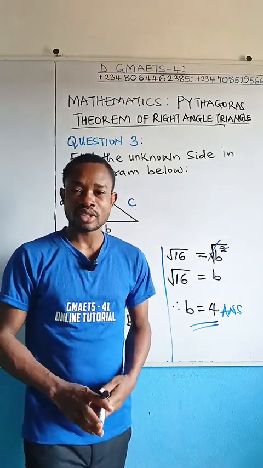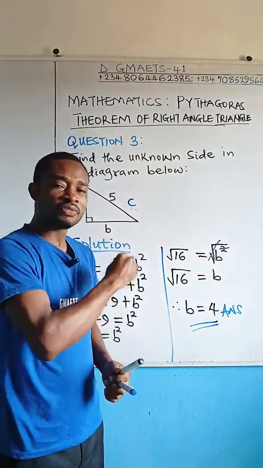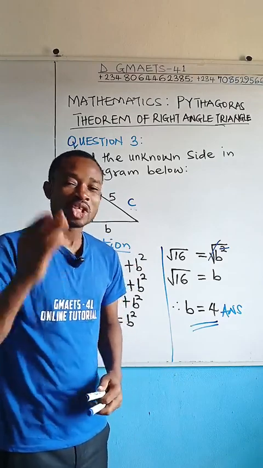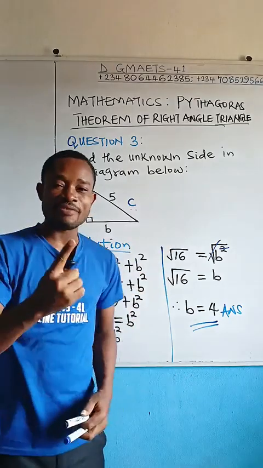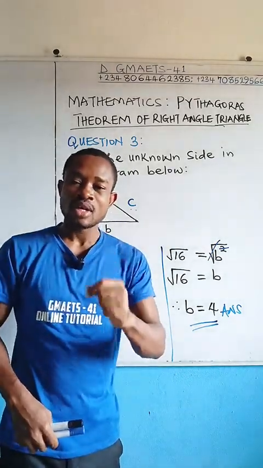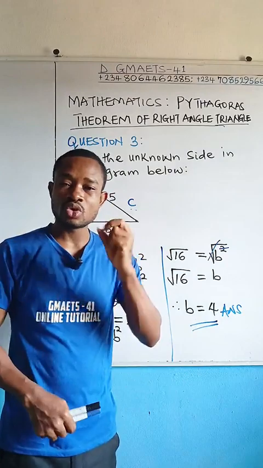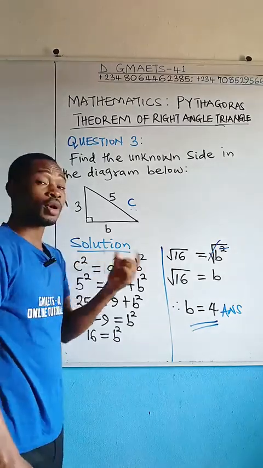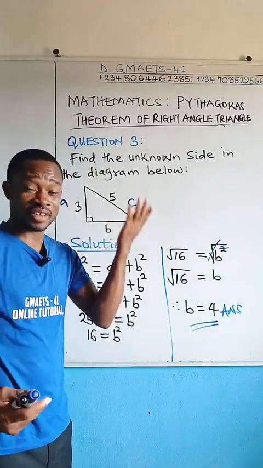What have you learned? Although we have solved a question on right angle triangle under triangle, you couldn't have solved this question if you don't understand, one, how to handle simple equation, two, how to do substitution. Remember, when we had this formula, of course, you have to memorize the formula in the first place.